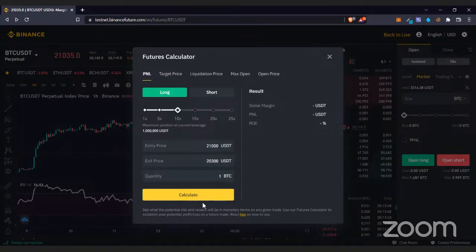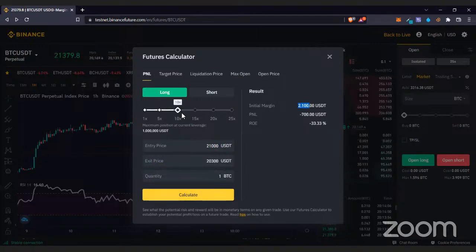If I go ahead and calculate this, it will be in loss. The reason is because the exit price is lower than the entering price. All right. When you are long, the exit price should always be higher than the entering price. So if I go ahead and calculate this, you see that because we are trading 1 Bitcoin with 10x leverage, it will cost us 2,100 to trade 1 Bitcoin.